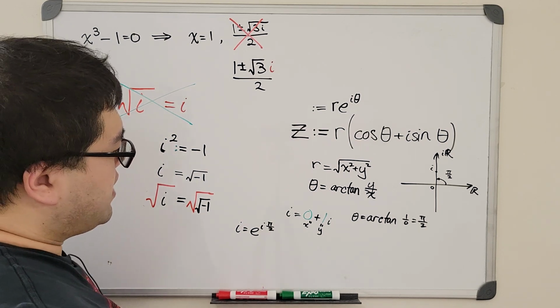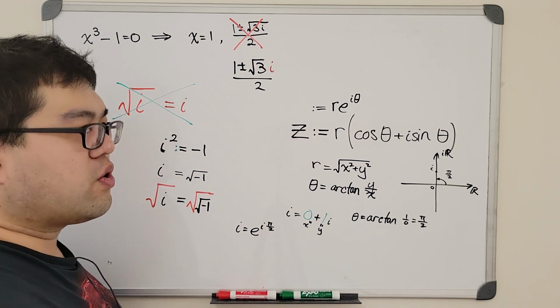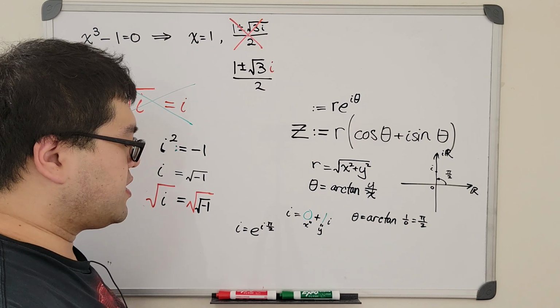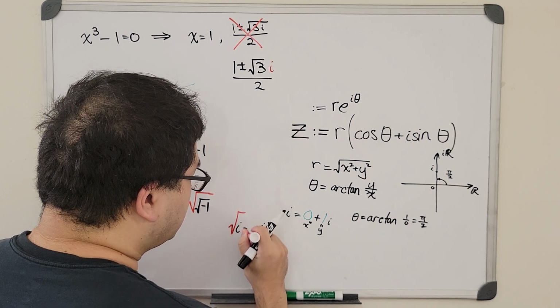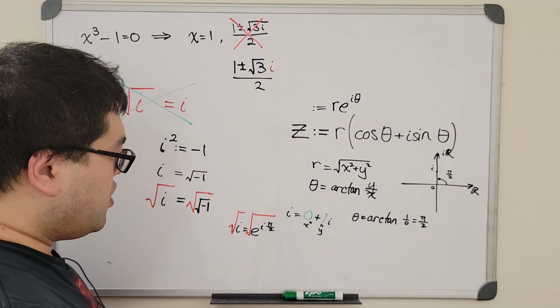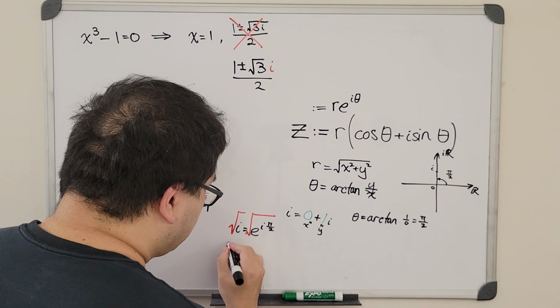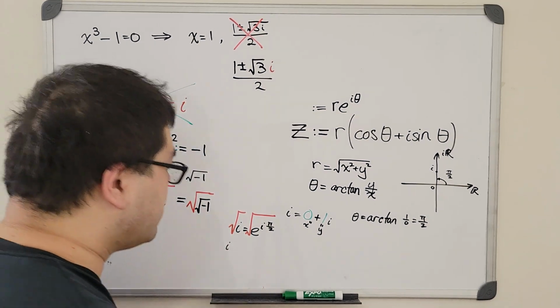Now let's see what happens if we take the square root on both sides. We can rewrite the square root as the 1/2 power.